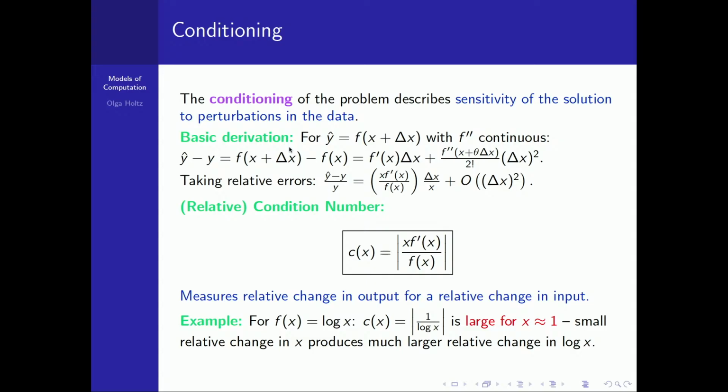And here's a very basic example. If you take the logarithmic function and try to understand its conditioning, its condition number, then you'll discover that the condition number is just 1 over log x, taking the absolute value. So again, intuitively, I guess this is very clear. As you approach the value of x equal to 1, your logarithm will approach 0, and that quantity, c of x, this condition number, will approach infinity.